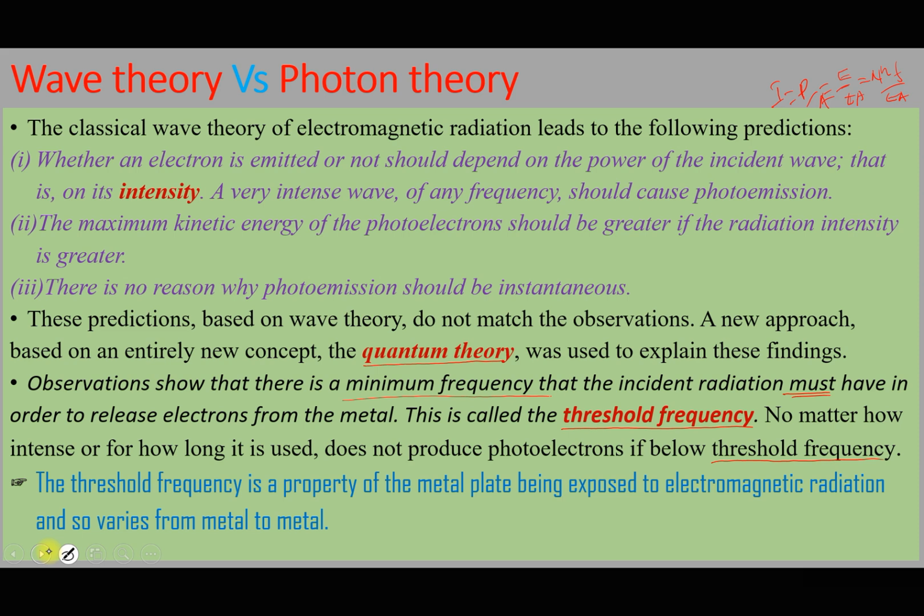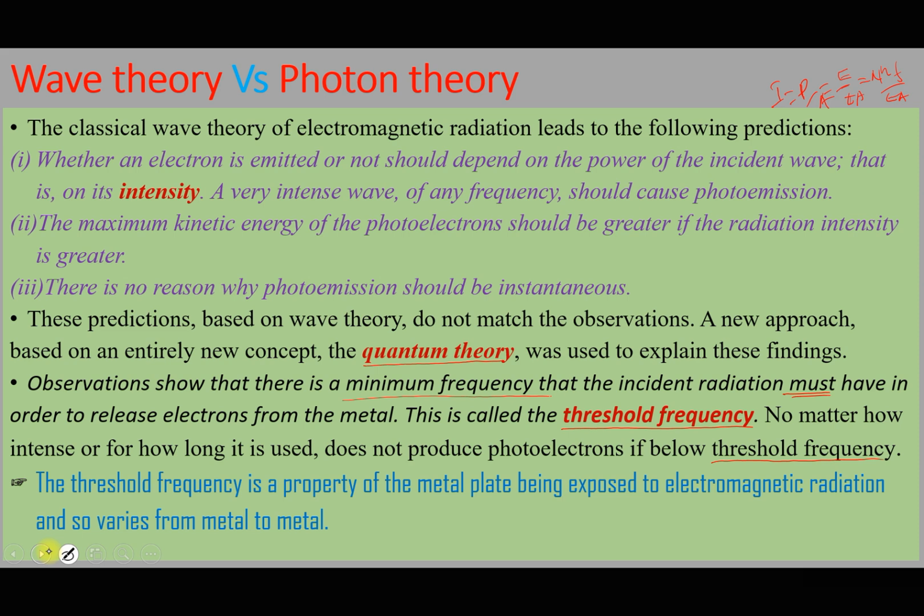So the wave theory has failed in so many ways. It just says there is no reason why we should mind about photoelectric emission being instantaneous. They predict that the maximum kinetic energy should be dependent on the intensity, which is not true. They predict that even if we use low frequency electromagnetic radiation, electrons will be emitted as long as the wave is intense enough.